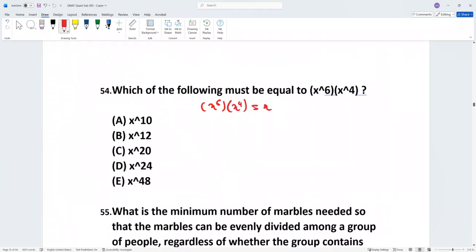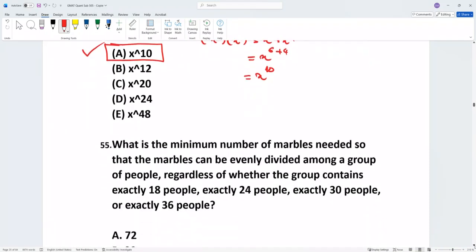So this is simply saying x to the power 6 plus 4, here x to the power 10. Answer A. So this is normally supposed to take like 10 seconds.